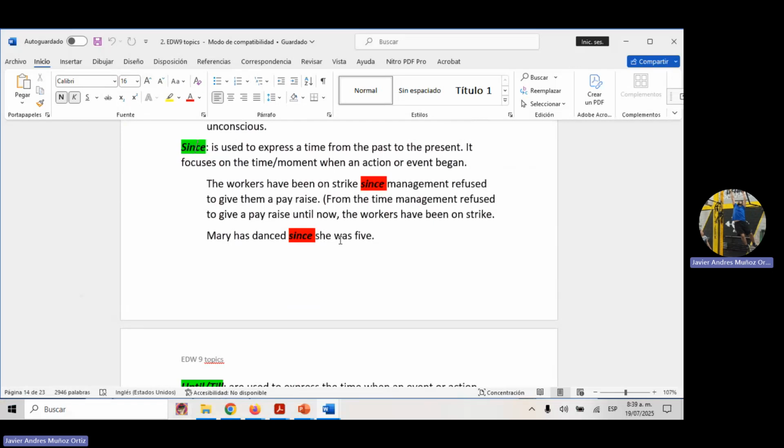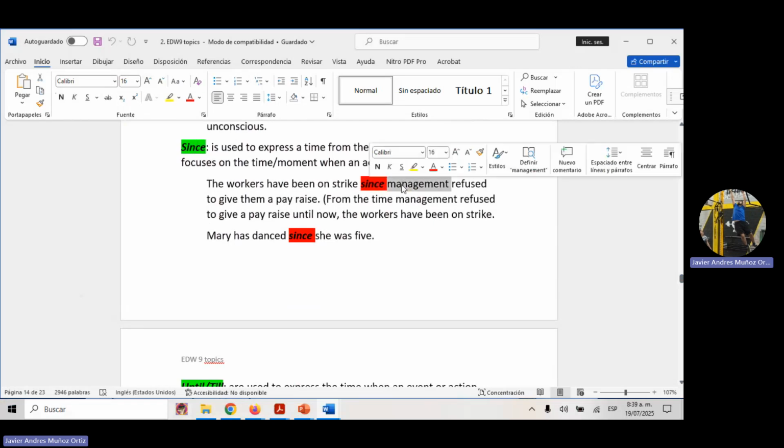For example, the workers have been on strike since management refused to give them a pay raise. So, the administration said, we are not capable to give you a pay raise. And this happened last week, or maybe last month.